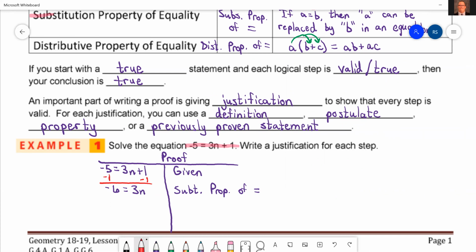Okay. Now for the next step, what would we do next? We've got to divide by 3. When we do that, we get -2 equals n. Why?